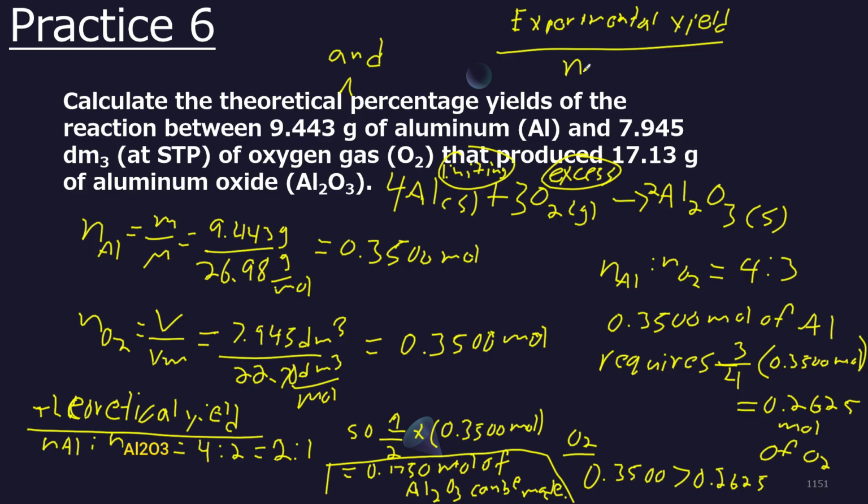We want to find out how many moles this is so that we can compare it with the moles in the theoretical. So moles of Al2O3 equals mass over molar mass, 17.13 grams.